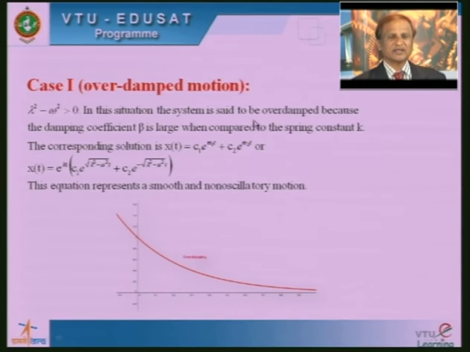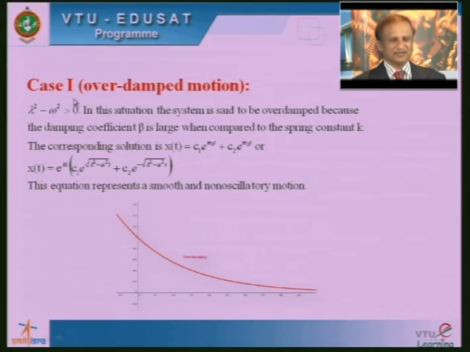Right. Now, we can take case by case as I have mentioned. We have to think about lambda square minus omega square, whether it is positive or negative or may be equal to 0. So, now I will consider lambda square minus omega square greater than 0. In that case, what type of roots we will obtain?